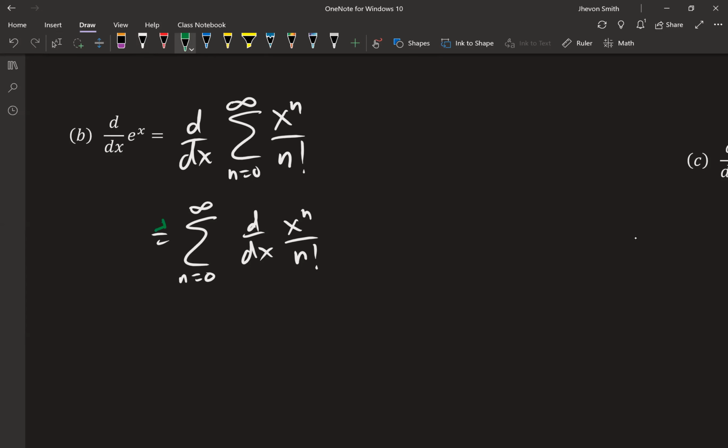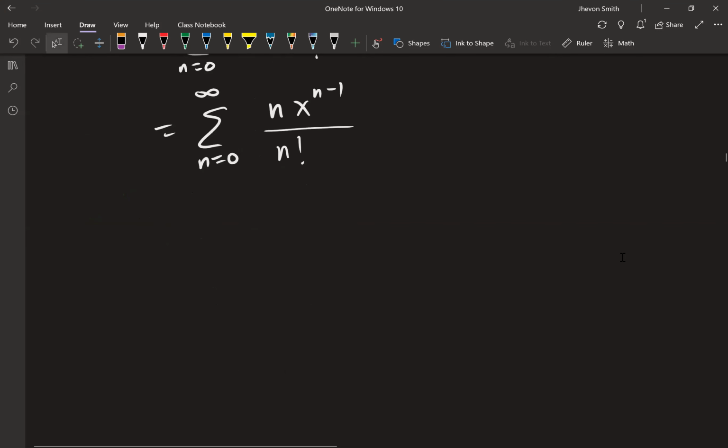This can be switched because of absolute convergence. We couldn't switch it otherwise. And now you can just differentiate that by bringing n down and subtracting one from the power.